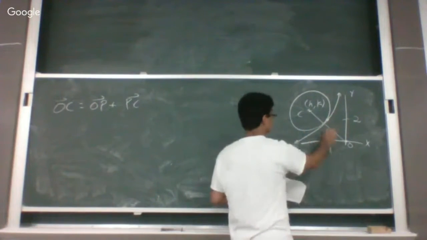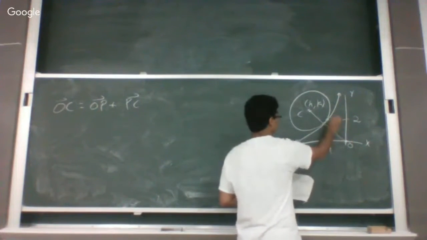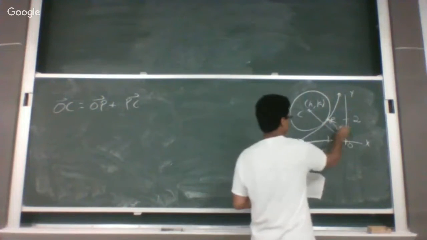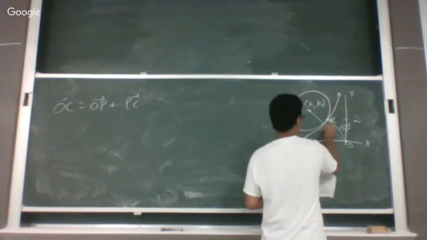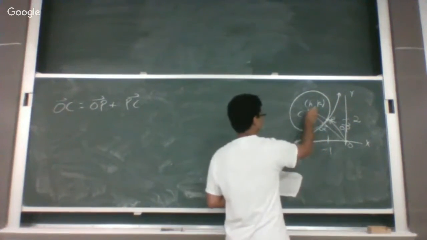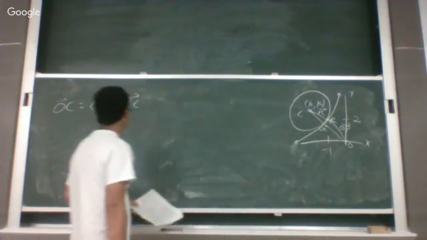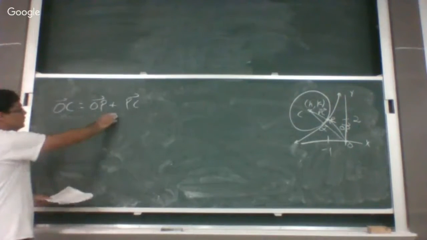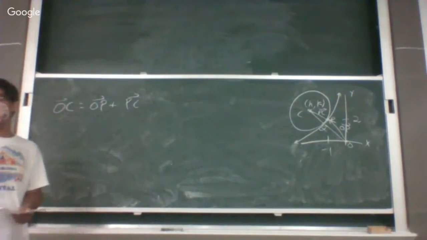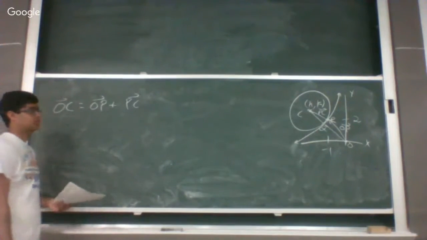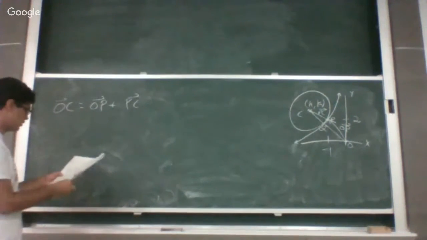The vector going to the point where it touches is OP. And the vector going from P to C is PC. So then we get the equation OC is equal to OP plus PC. You guys all see that? So that's how you get the three components.